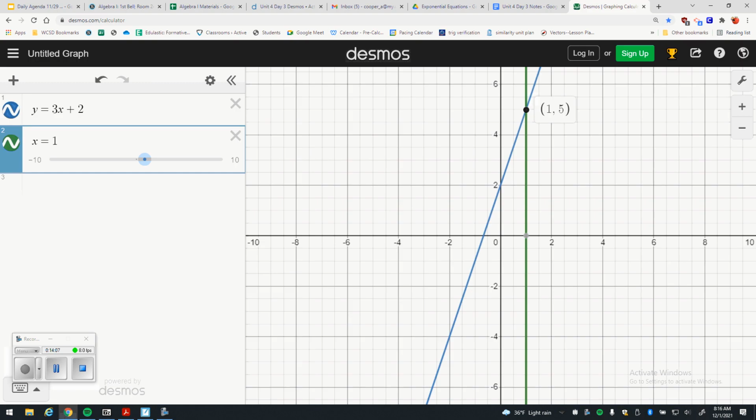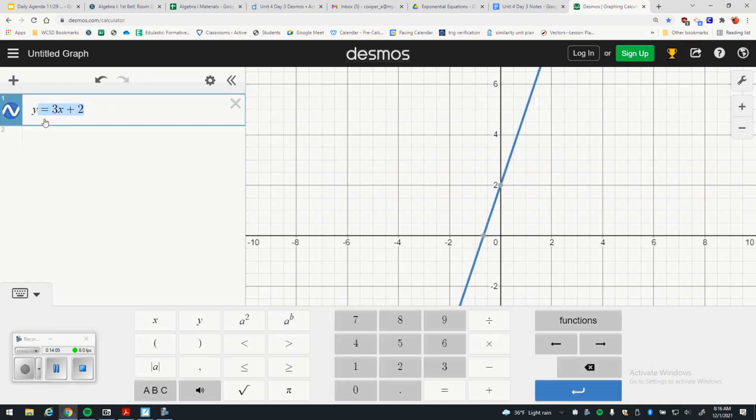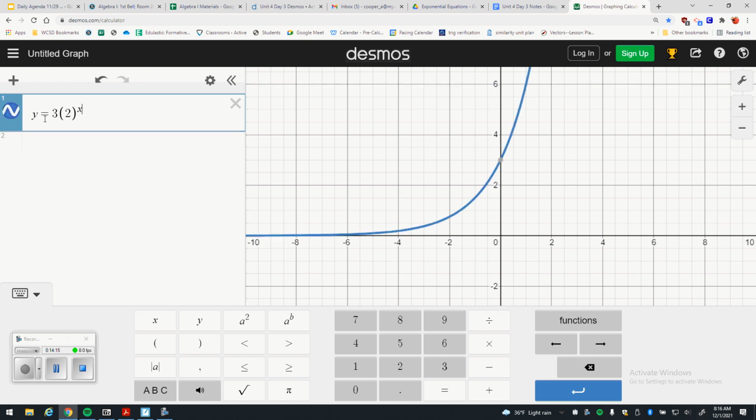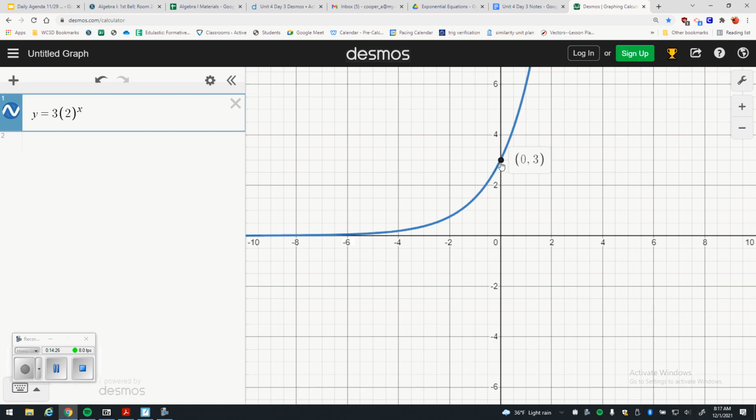Put it into Desmos. How many gray dots do I have? 1. Is that pretty? Can I graph it? Yep. So graph 0, 3.